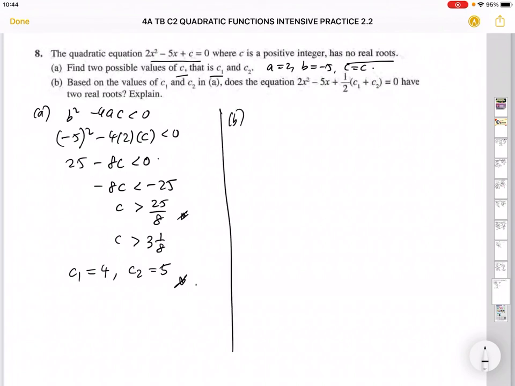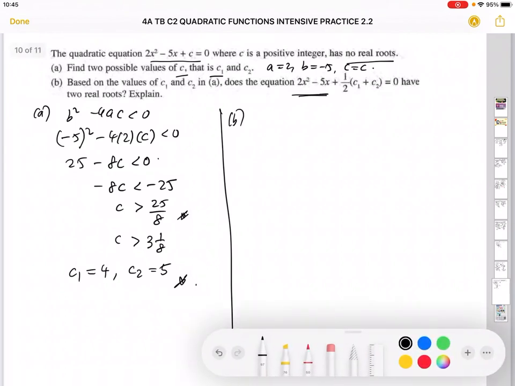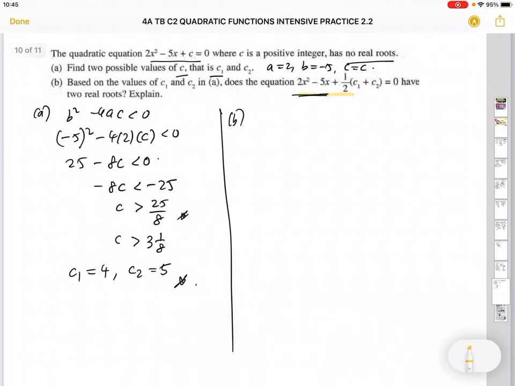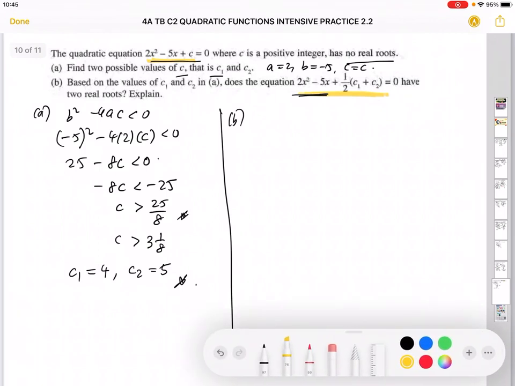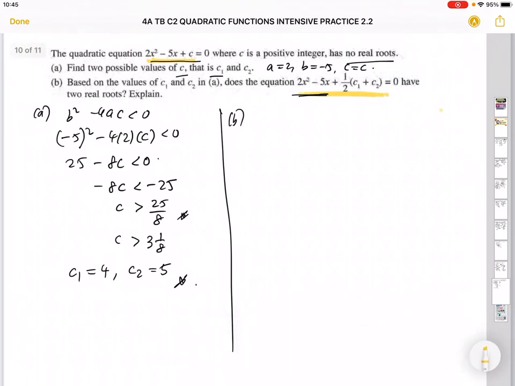Okay. Now based on the two values of c1 and c2, look at this equation here, maybe I highlight it and compare with this equation here. Does this equation have two real roots? Explain. So now you don't even have to do any calculation, because we know that c1 and c2 are already more than 3, 1 over 8.